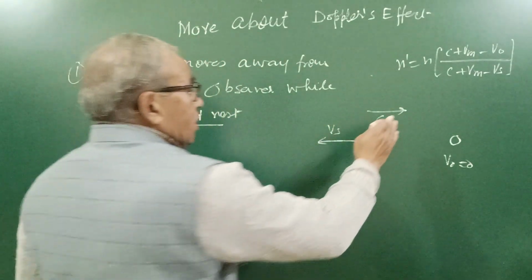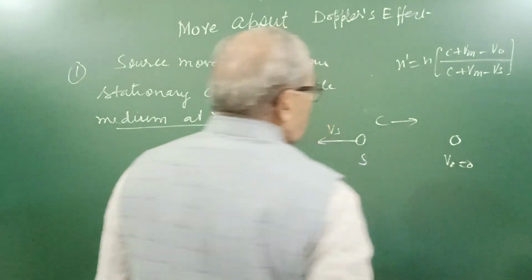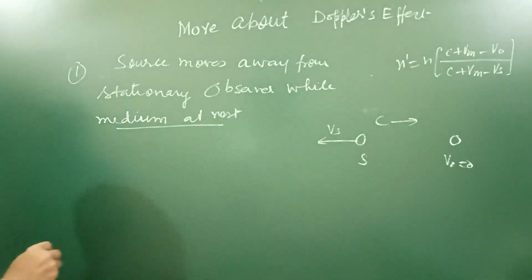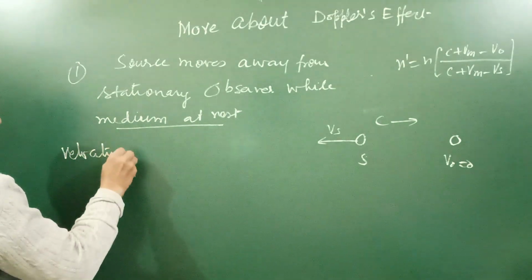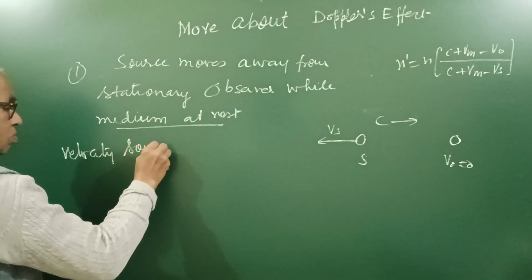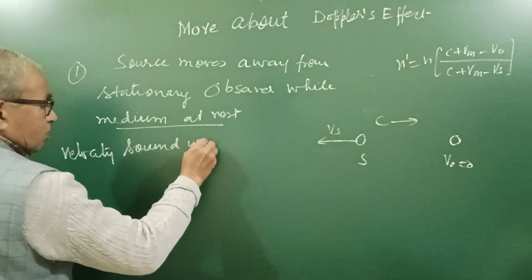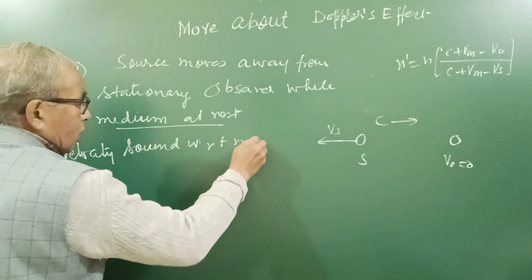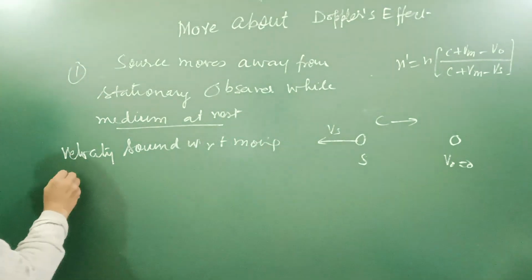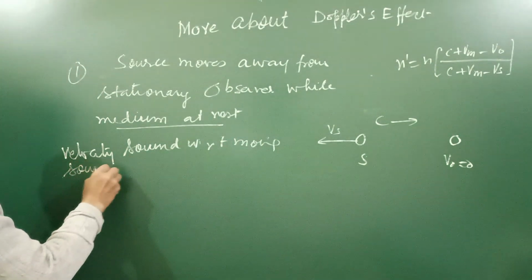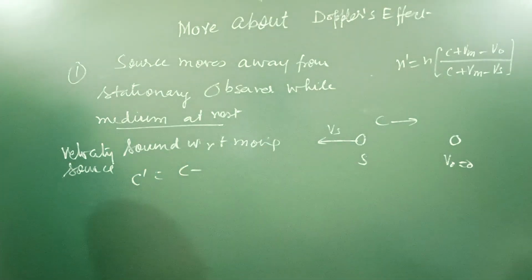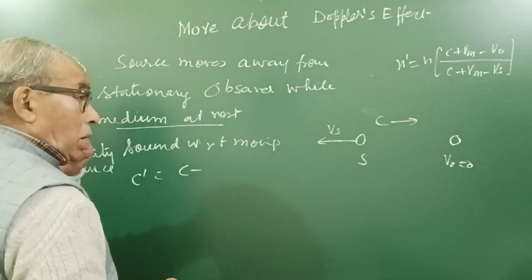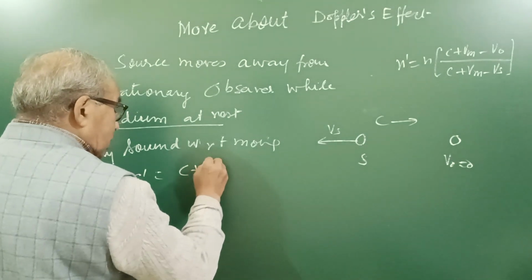Velocity of sound is C. So here the velocity of sound with respect to the moving source, C dash, will be C plus Vs.